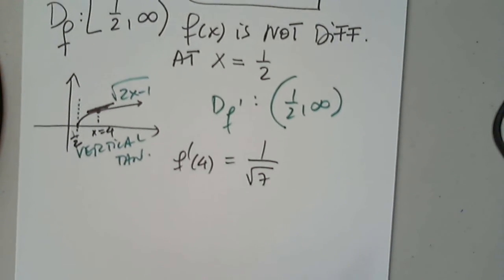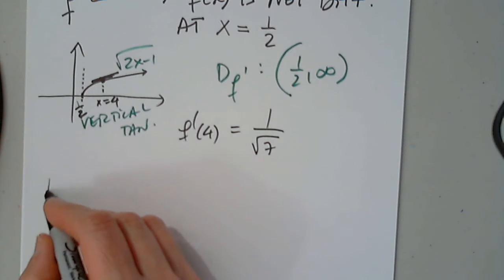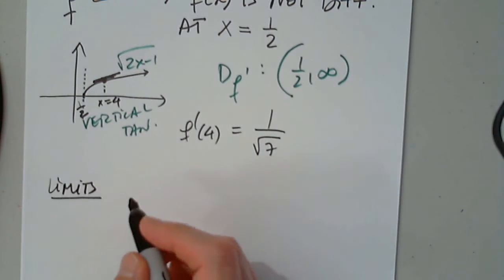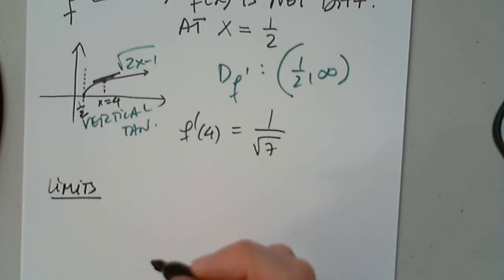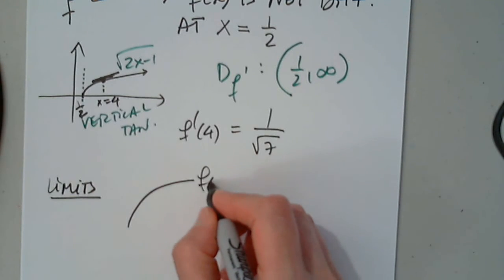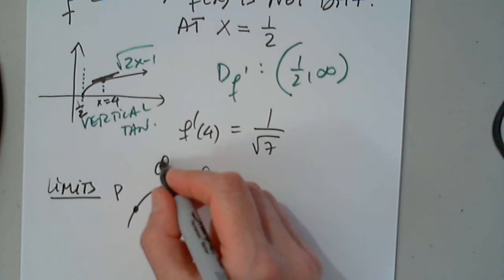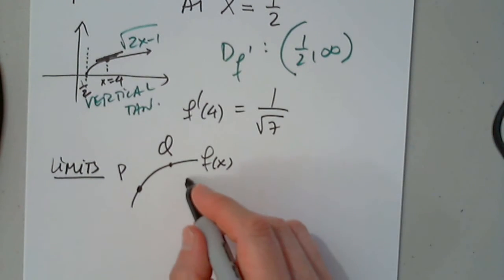So now here are my topics that I want to go over. Of course, more limits. I want us to look at a graph of a function in which we have a point P and a point Q, like from section 2.1.